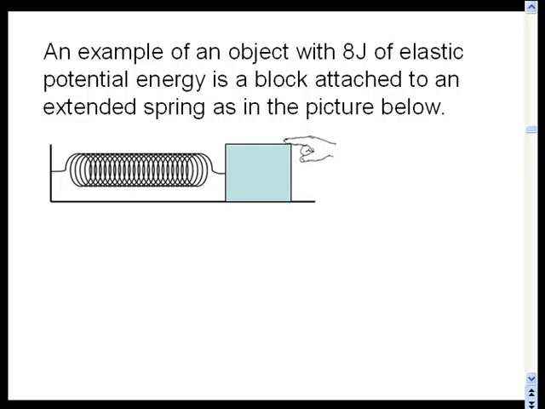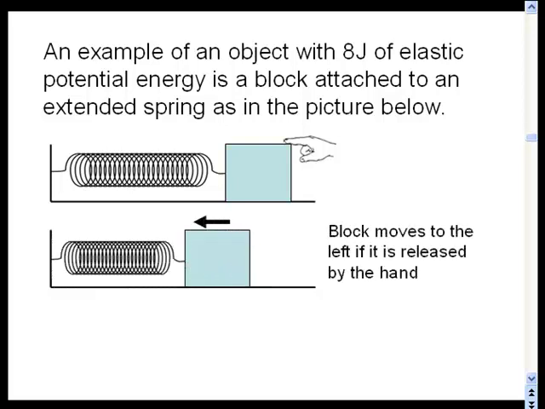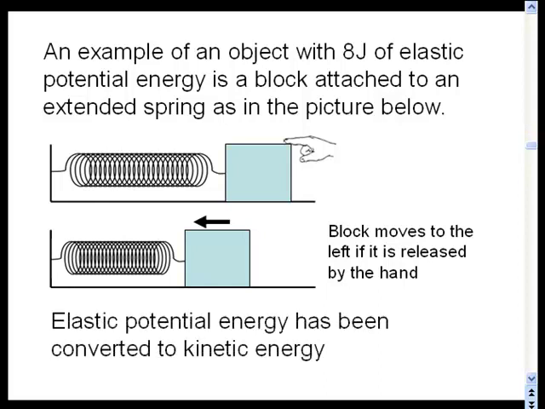How do I know that the block has elastic potential energy? Well, the block moves to the left if it is released by the hand. Elastic potential energy has been converted to kinetic energy.